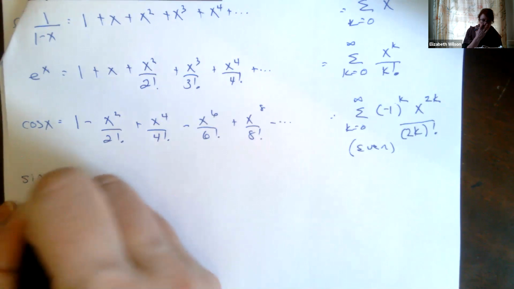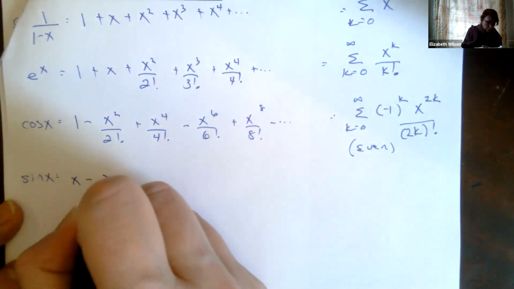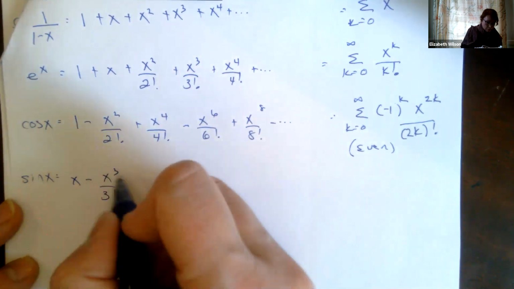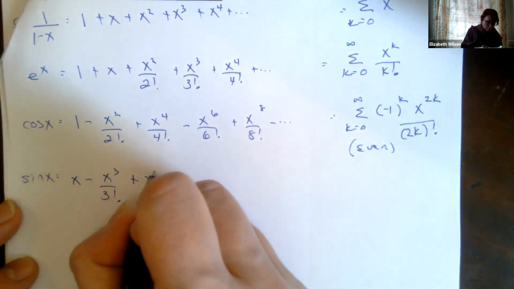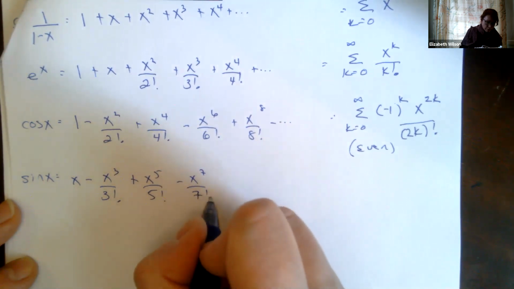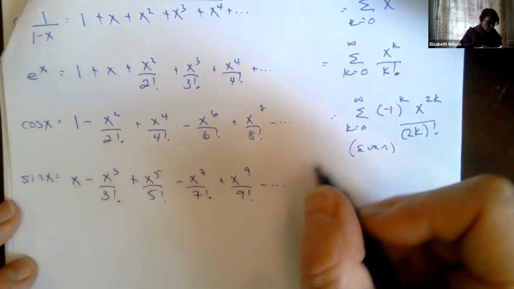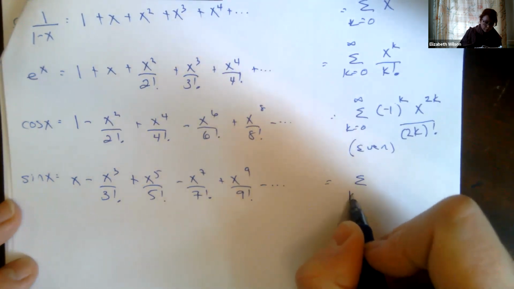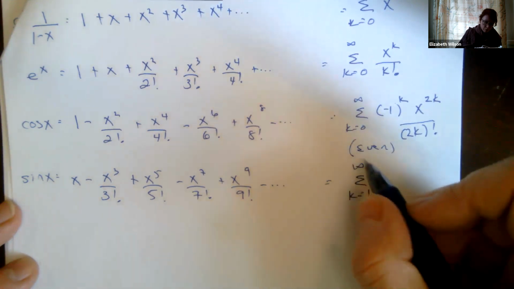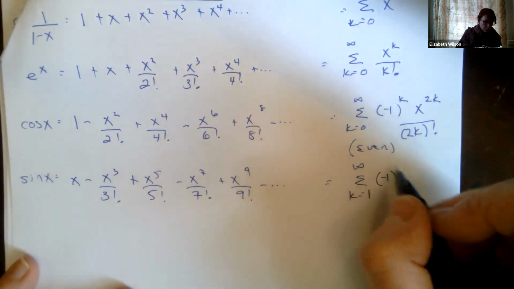The Maclaurin series is, if you do a Taylor series, it's not necessarily even. Actually, I'll write it both ways.